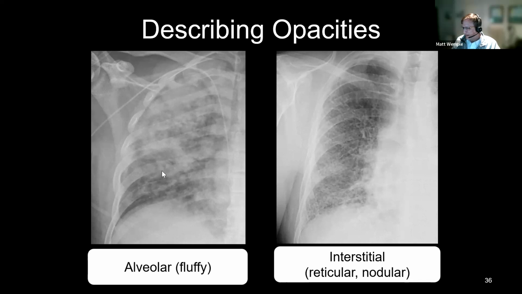We'll appreciate that. And this one is sort of reticular, nodular, interstitial, so this is interstitial looking opacities. These can be different viruses causing different patterns, right? And different other things that affect the lungs causing different patterns.